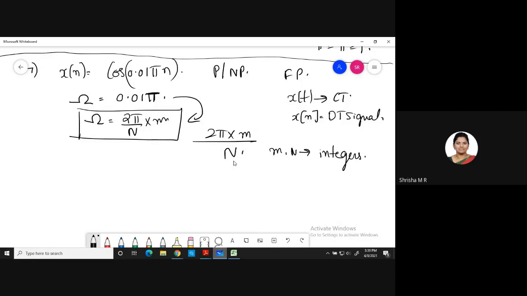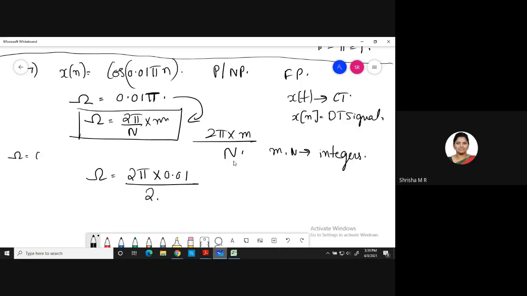Multiply and divide by 2. Should we multiply and divide it by 2? So omega is nothing but, I'll multiply and divide by 2. Okay, 0.01 pi into 2 by 2. I've just rearranged it.